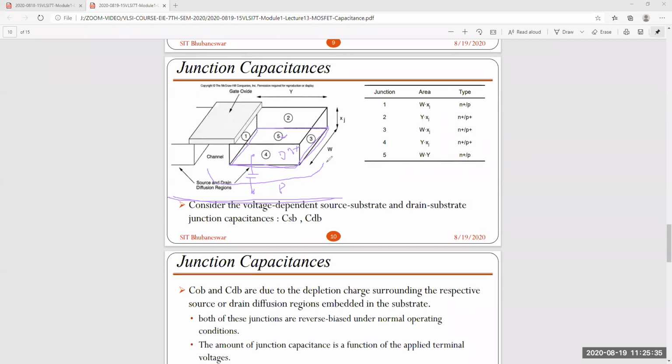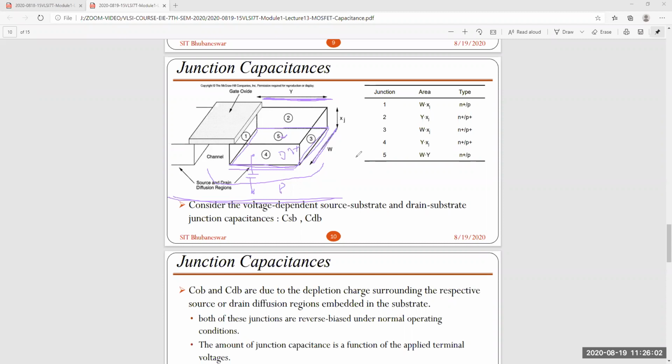And you can see the area. Area is nothing but this W into this, which is generally mentioned as Y. So area is W into Y, into that capacitance, which generally is called C0.